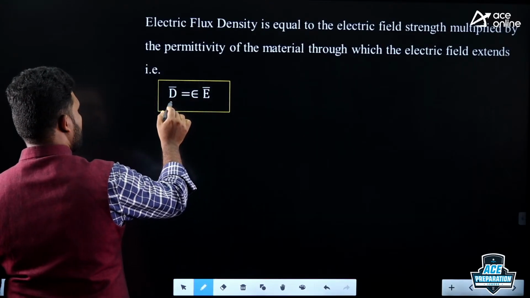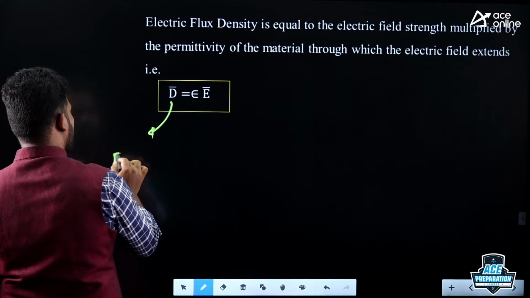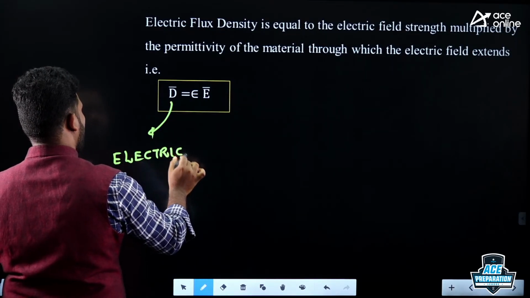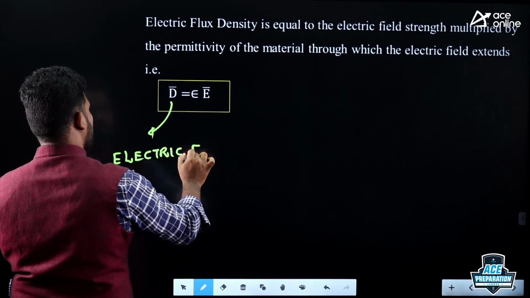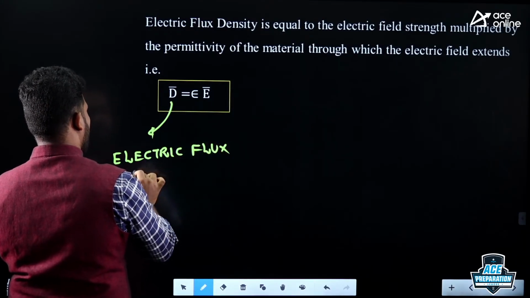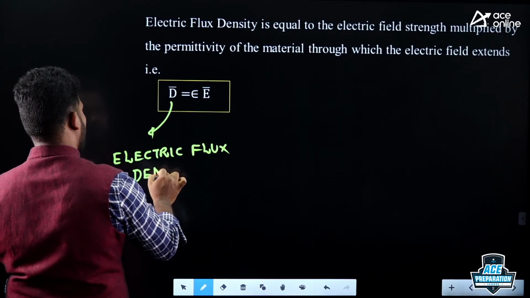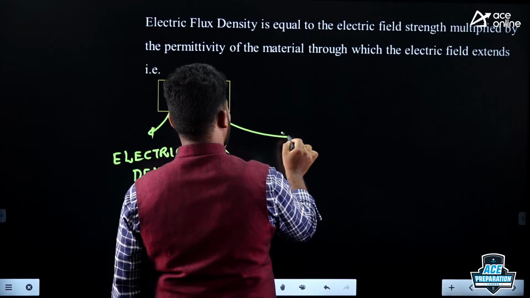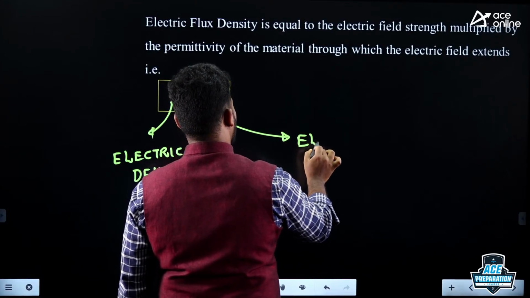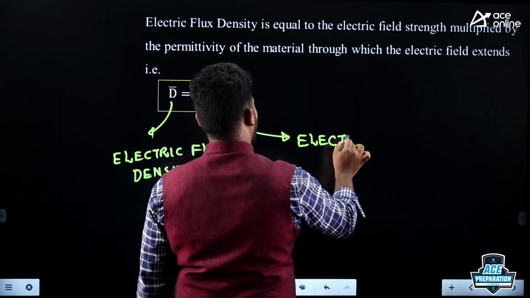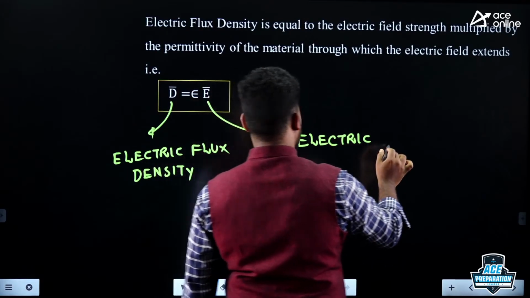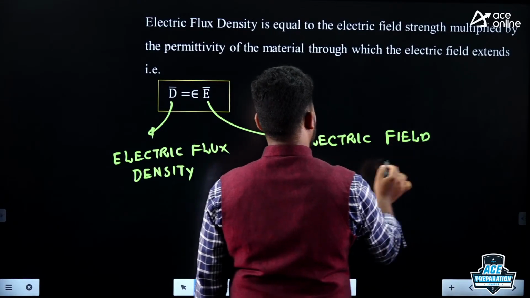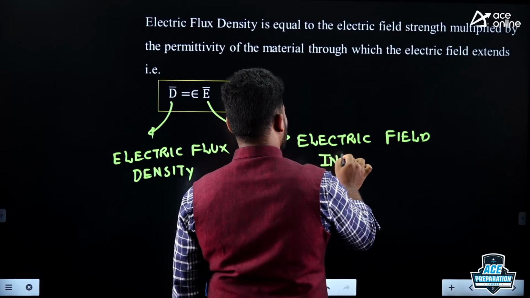What is this called? This is electric flux density. This is electric field intensity.